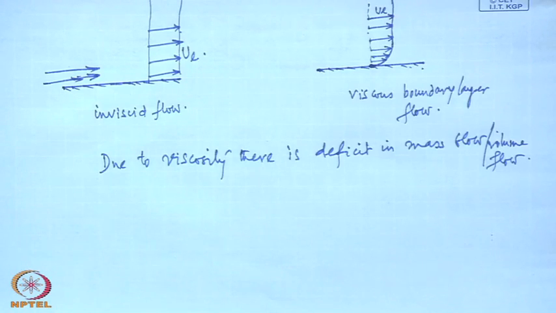And how much is that? How much is the mass flow defect or volume flow defect?